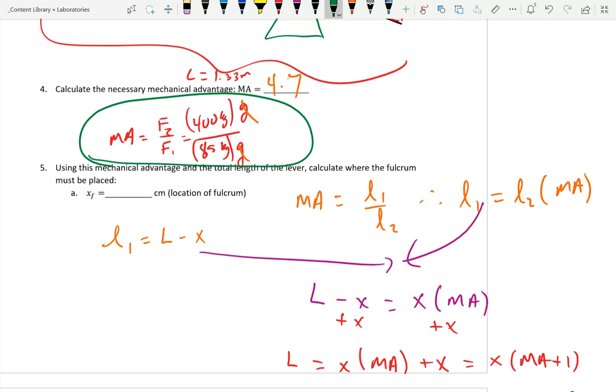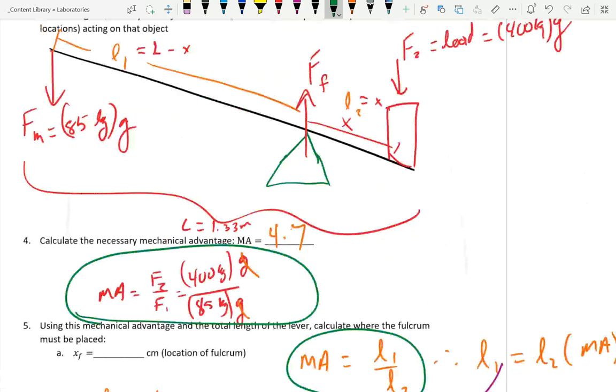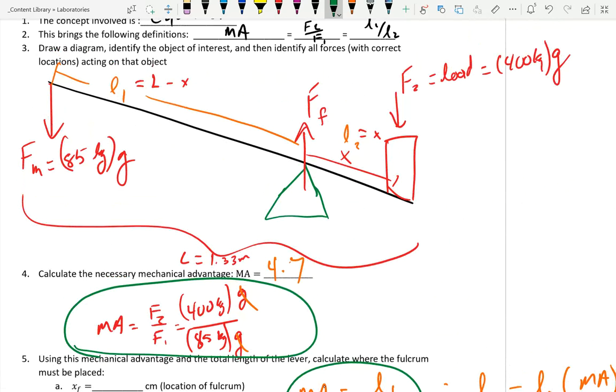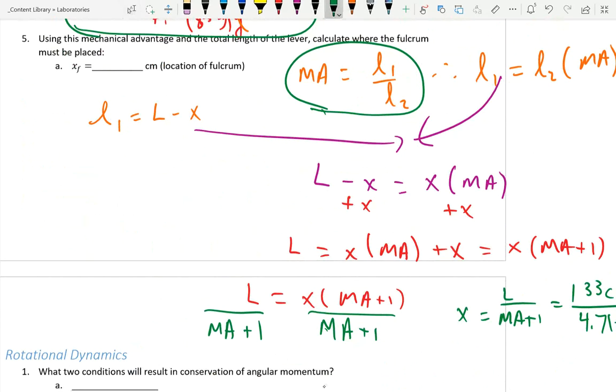Okay, solving for X, I had my definition that MA is also equal to L1 over L2. In my picture, I defined L2 as X, and so L1 is the total length minus X. In this equation I multiplied both sides by L2, so I had L1 is equal to L2 times MA.